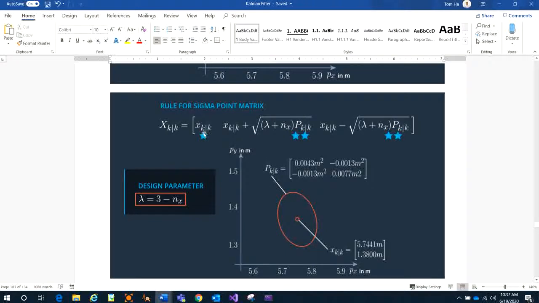Look at the sigma point matrix right here: we have the mean state as the first sigma point, right? And another 2 sigma points right here: mean state plus square root of lambda plus state dimension times the square root of the covariance matrix. And another 2 sigma points right here are on the opposite side, minus, right? And what is lambda? Lambda is a design parameter. It shows us how far the sigma points spread.